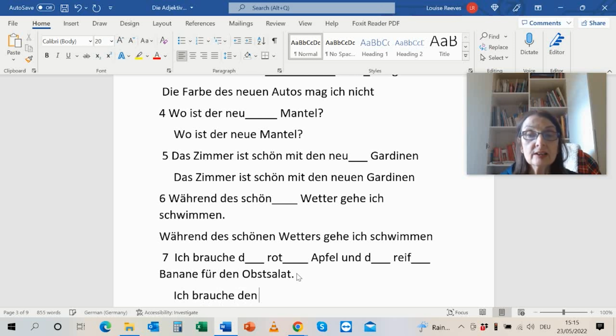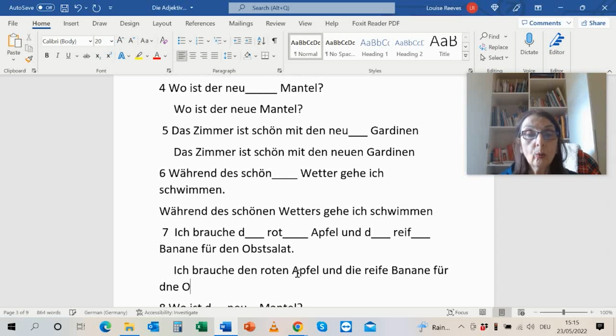So: ich brauche den roten Apfel und die reife Banane für den Obstsalat. Is that clear? The reason I have den there is because of the masculine accusative. And then, of course, the masculine accusative adjective ends in en, as we saw.